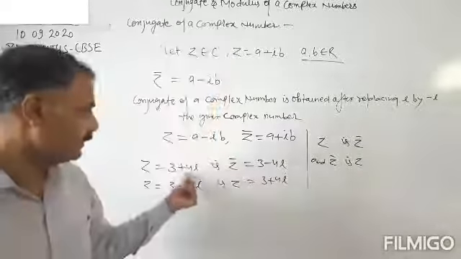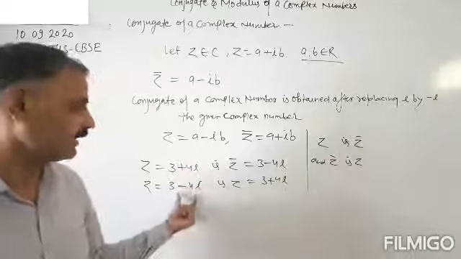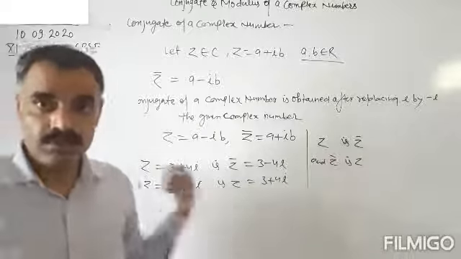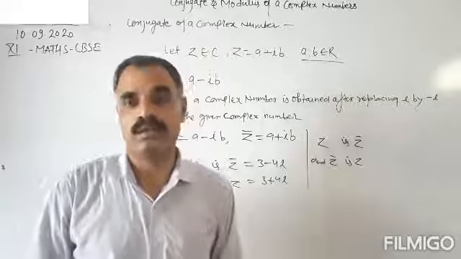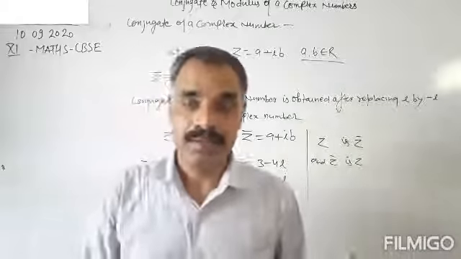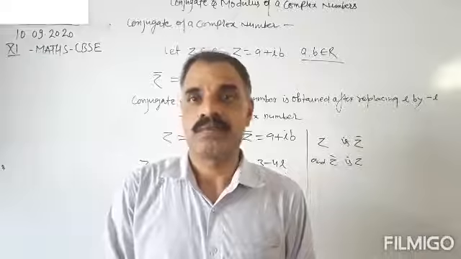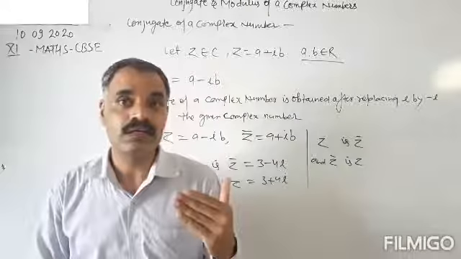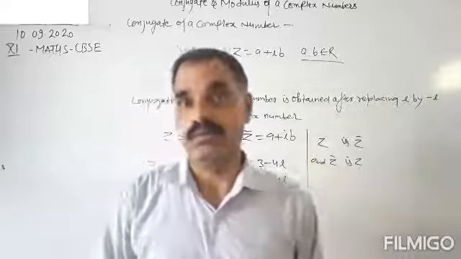That is why 3 plus 4 iota is the conjugate of 3 minus 4 iota, and the conjugate of 3 minus 4 iota is 3 plus 4 iota. So both the complex numbers are conjugates of each other. This is the meaning of the conjugate of a complex number.